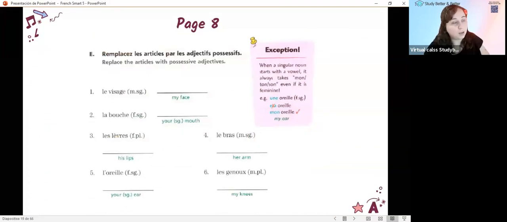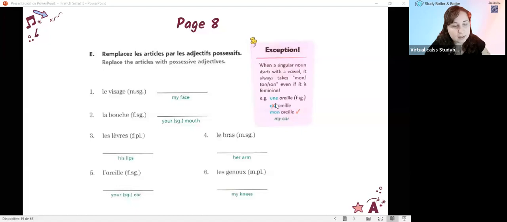À la page 8, on the page 8 here. Remplacer les articles par les adjectifs possessifs. Replace the articles with a possessive adjective. Remember here also that we're going to find an exception. For example, when a singular noun starts with a vowel, it always takes mon, ton, son, even if it's feminine.